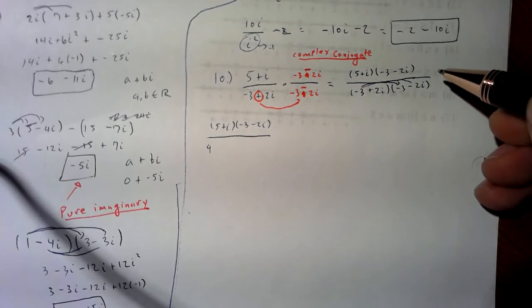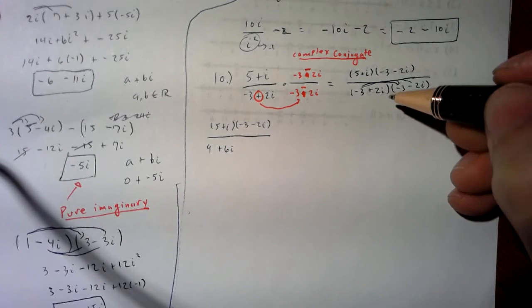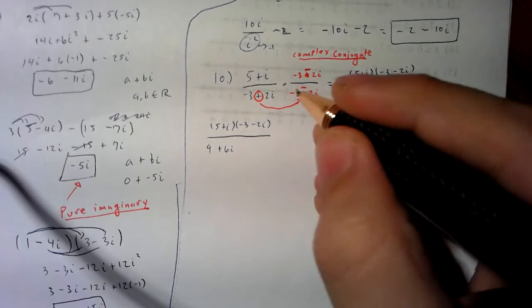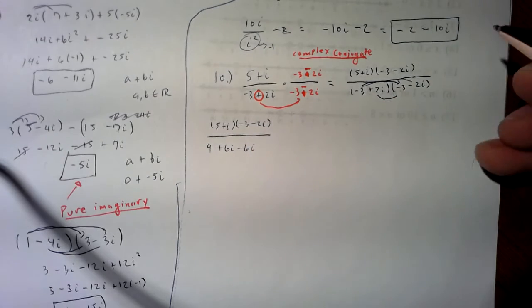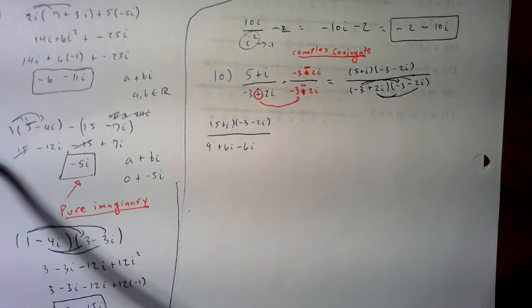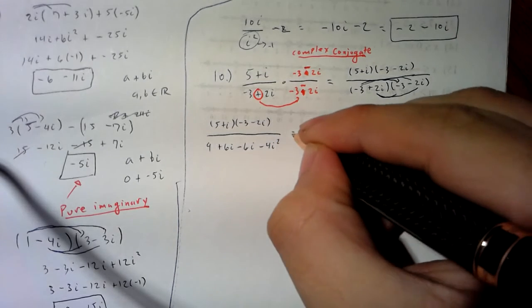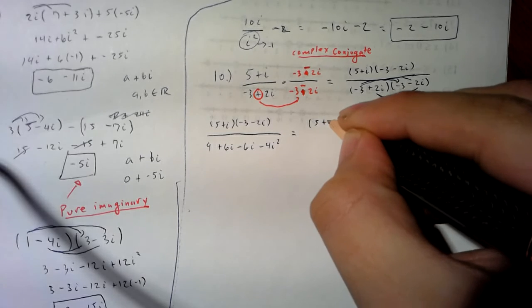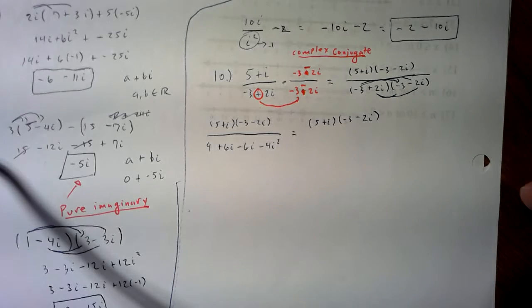Negative 3 times negative 2i is positive 6i. Then 2i times negative 3 is negative 6i. And then 2i times negative 2i is minus 4i squared. So let's rewrite this. Negative 3 minus 2i. Okay.